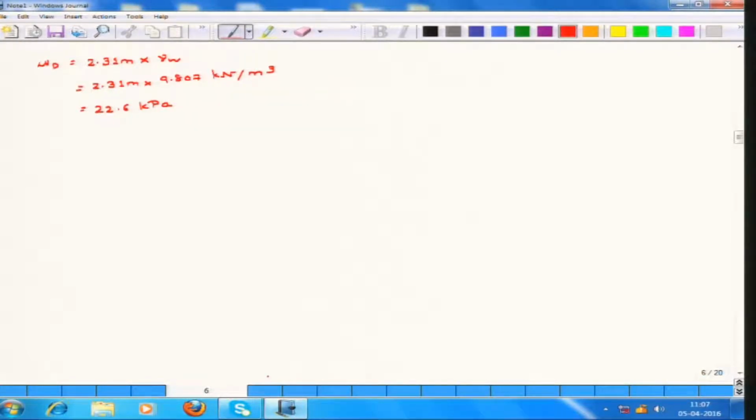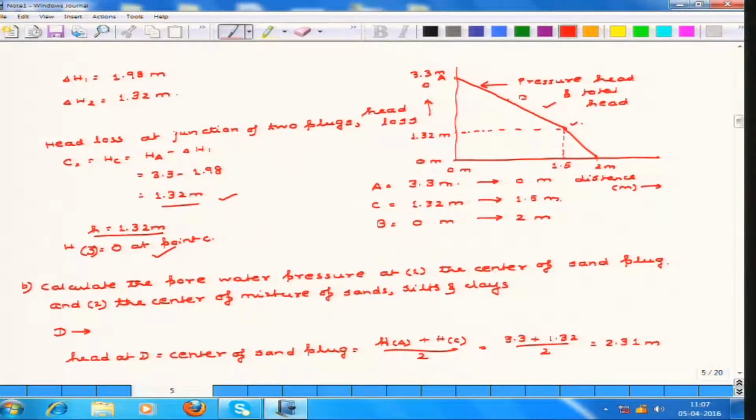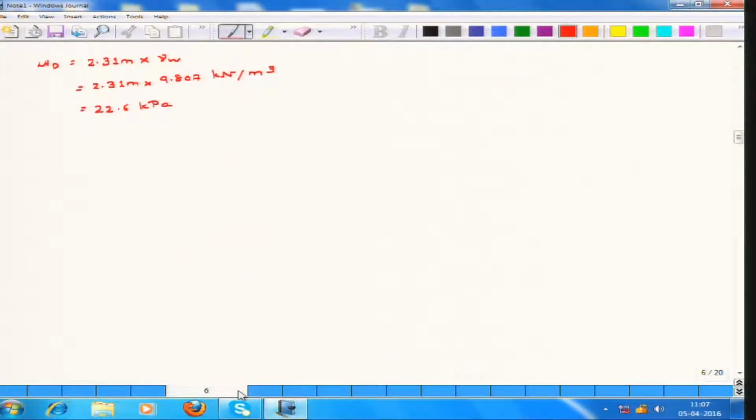Similarly, we can find the pore water pressure at the center of the mixture of sand, silts and clays, because the variation from C to B is again linear in nature. So, let us consider another point E, which is the center of the mixture of sands, silts and clays.